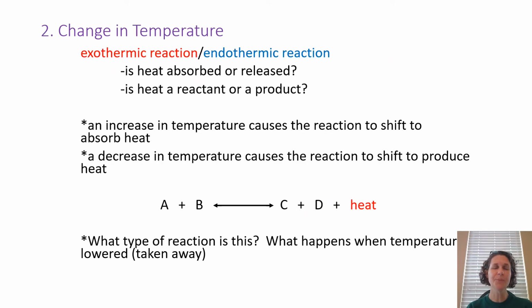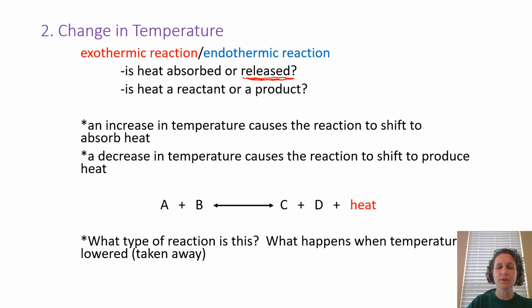Okay, so the next stress that we could apply to a system is changing the temperature. We've talked quite a bit about temperature, and you know that you either have exothermic reactions or endothermic reactions. Exothermic is when heat is being released; heat basically is a product in an exothermic reaction.